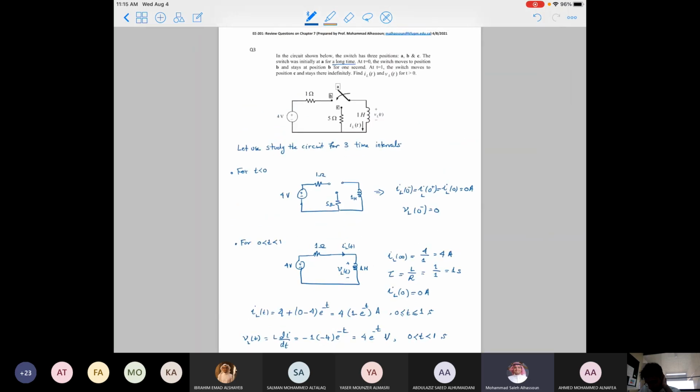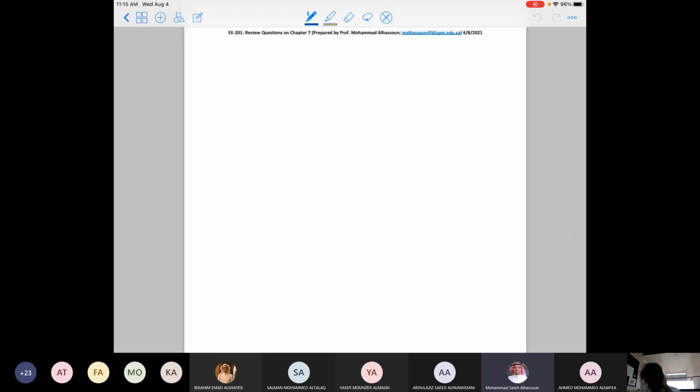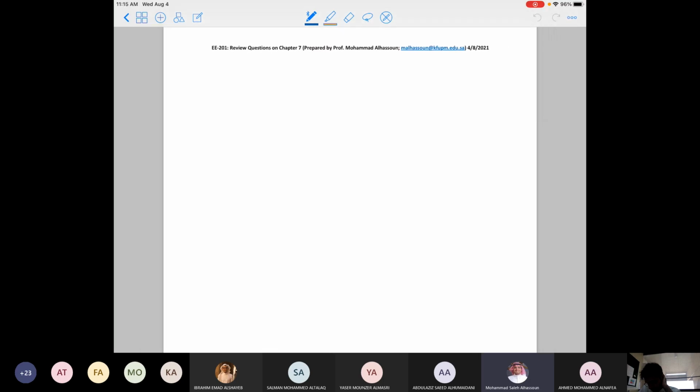So the last part is finding I L of t and V L of t for when the switch moves to position C. When the switch moves to position C, the circuit will look like the following. So the time constant here, we have a different resistance.